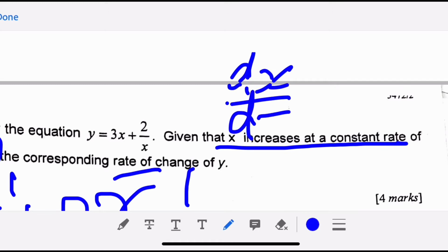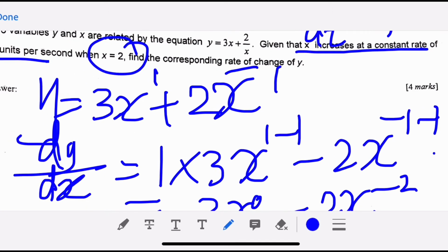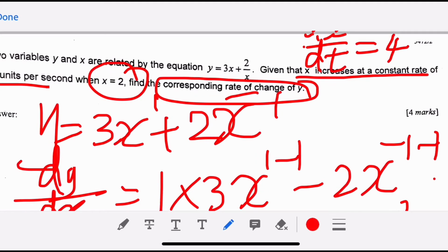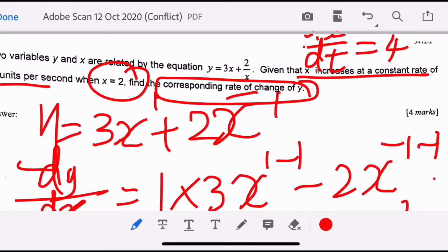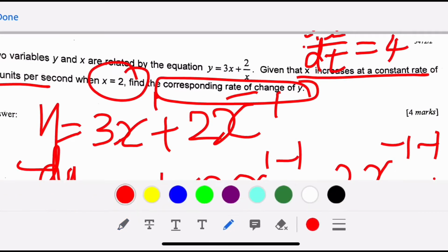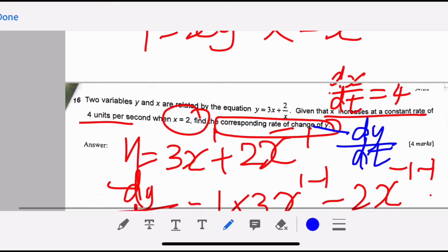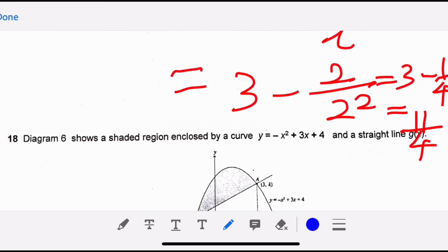Okay, after you got dy/dx, from the question, you see that x increases with a constant rate of 4, okay, you write dx/dt. And then they ask you to find the corresponding rate of y. So when you see rate, you have to divide by dt. Rate of y means you have to write dy/dt.